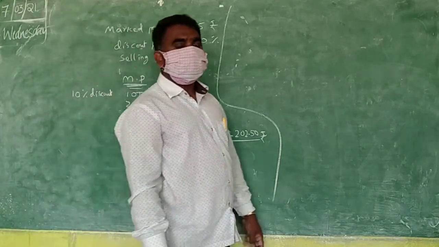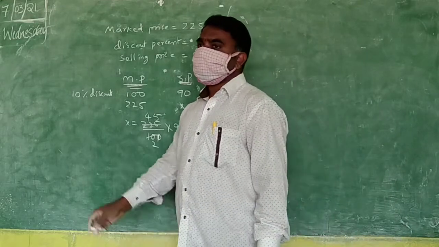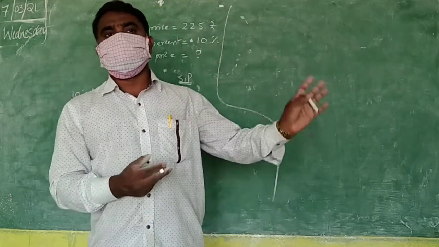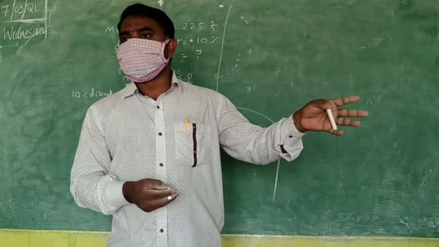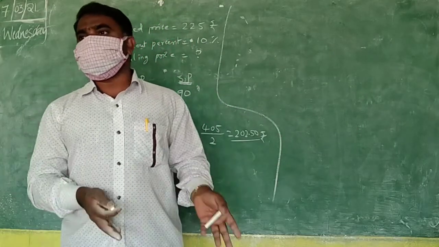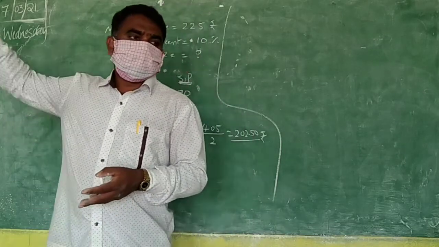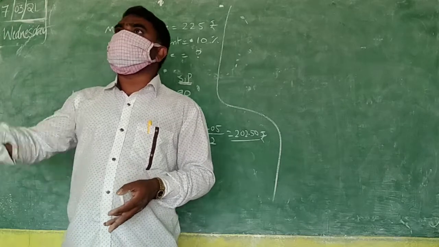Where the discount comes, compulsorily market price will come there. Because if you give discount on cost price, he will always lose. He purchases for 500 rupees. On that, if he gives a discount, what can he do? Nothing. So after purchasing, he will increase the rate.